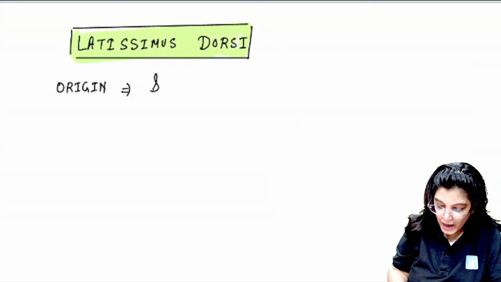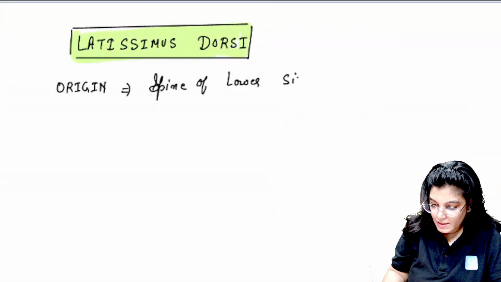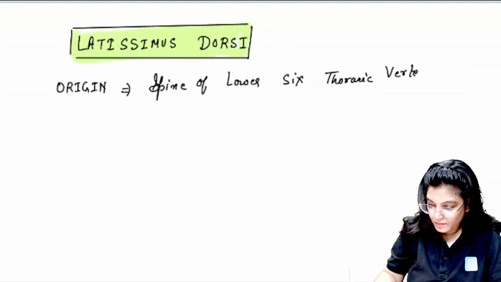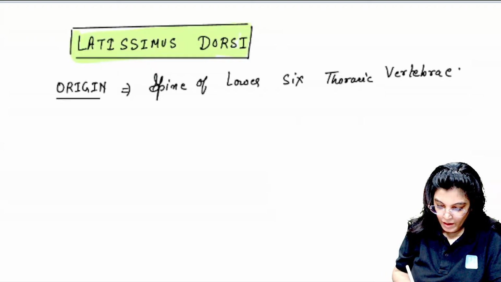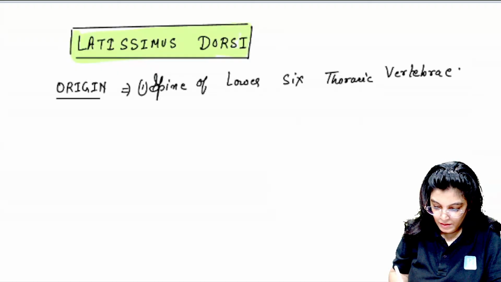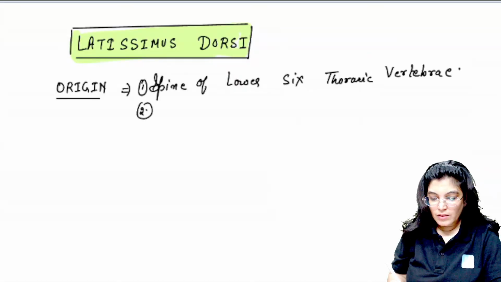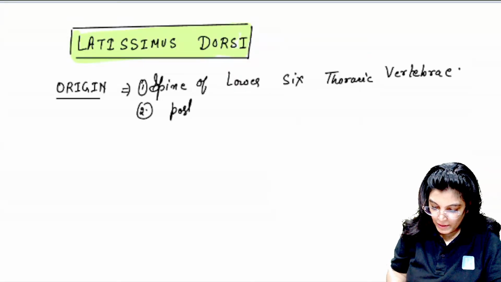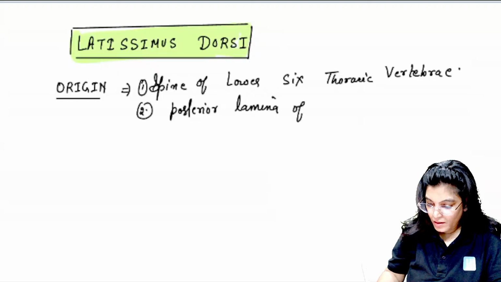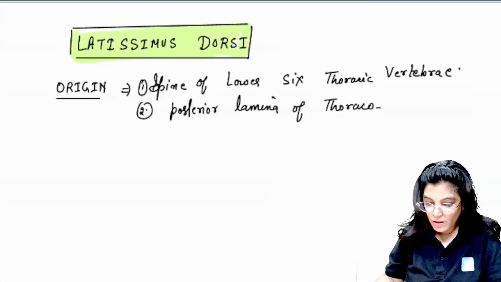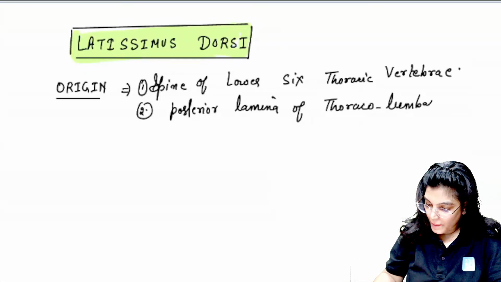Origin is from spine of lower 6 thoracic vertebra, also from the posterior lamina of thoracolumbar fascia.